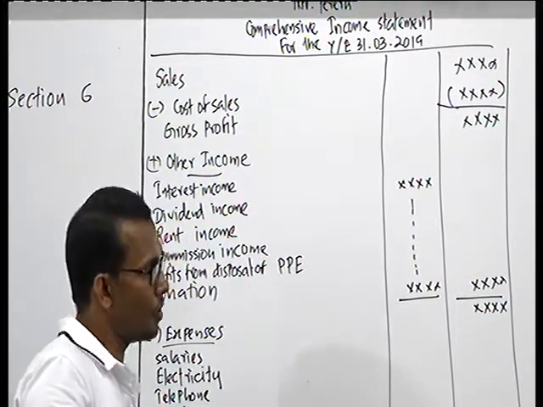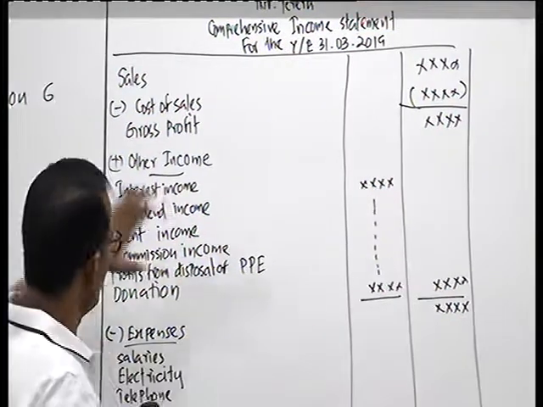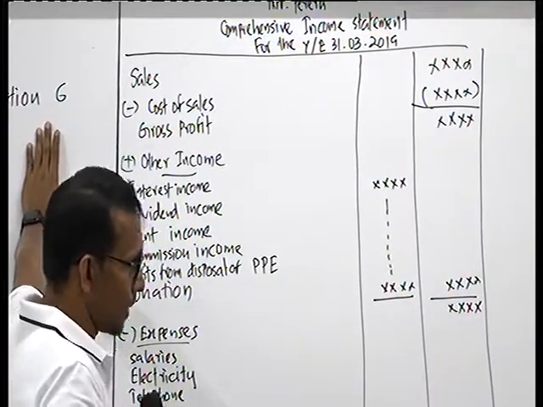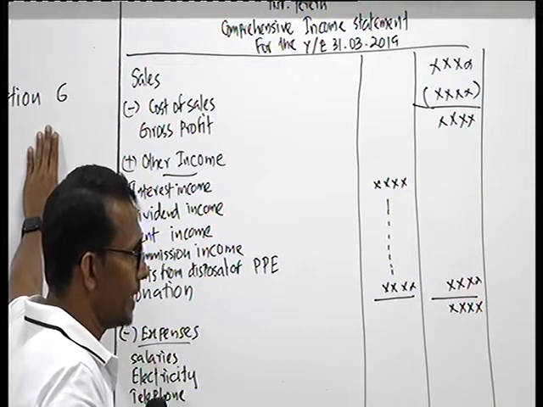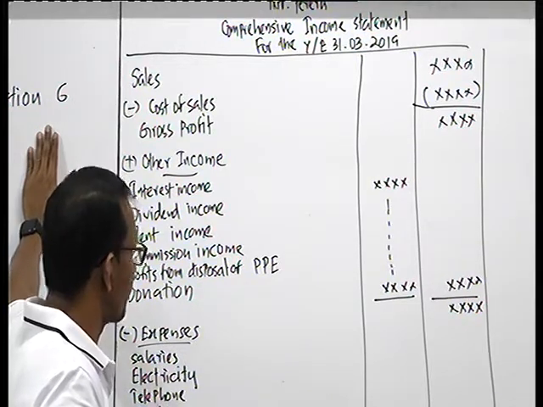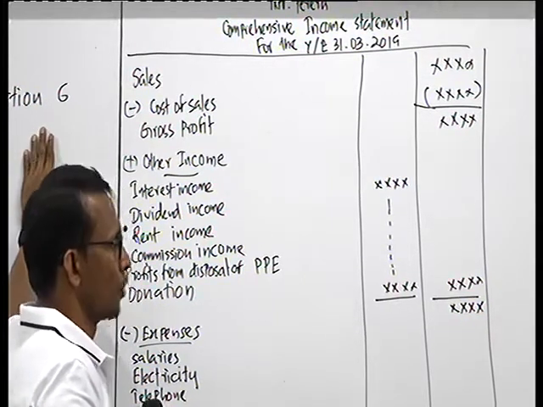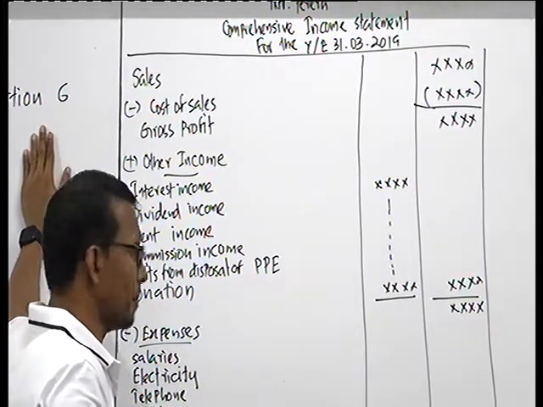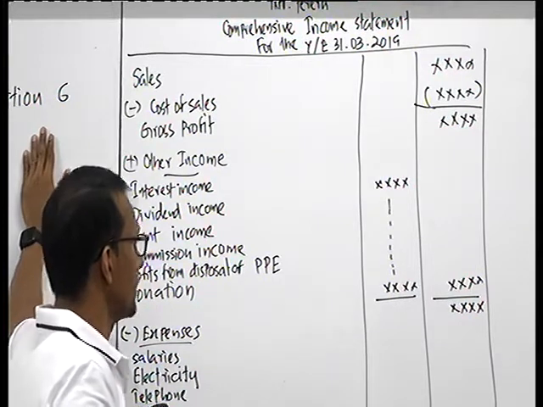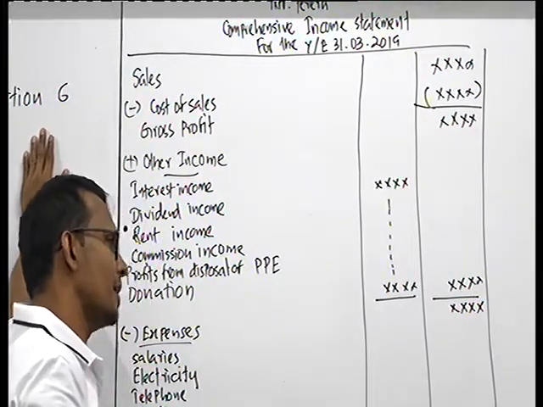So what you have to do, when you calculate business income for income tax purposes, is take out or eliminate anything that will not fall under business income in the computation of assessable business income.